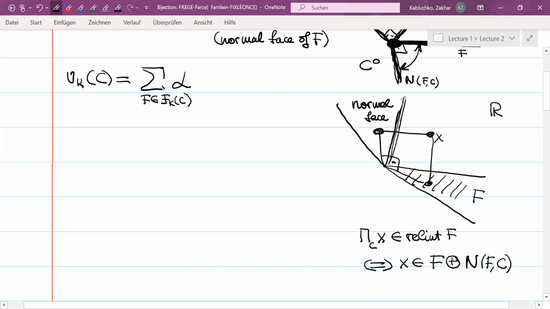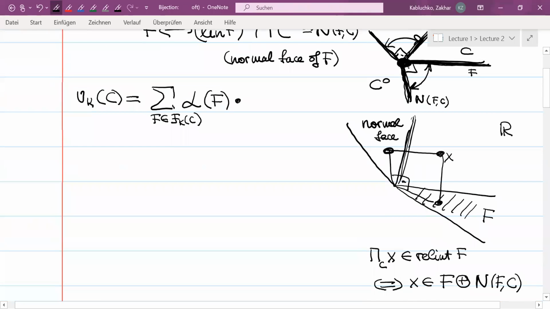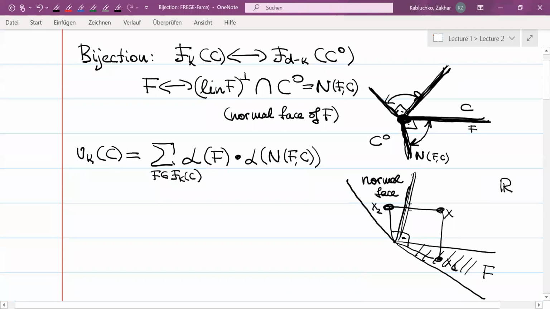And the angle will be denoted by alpha, so the solid angle. I will give a definition in a moment. So it is the solid angle of F times the solid angle of the dual phase, of the normal phase. So it is the probability that this projection is in F and this projection is in the normal phase. I hope it's more or less natural.